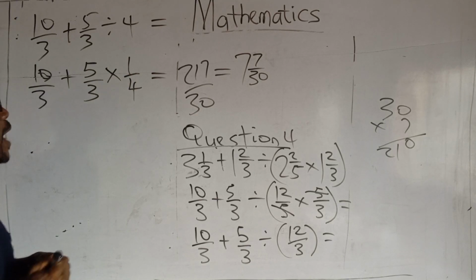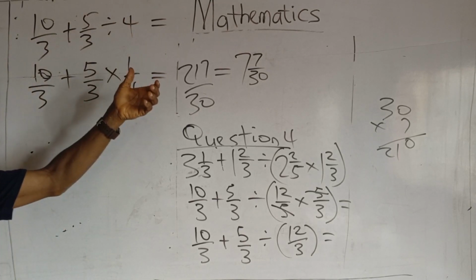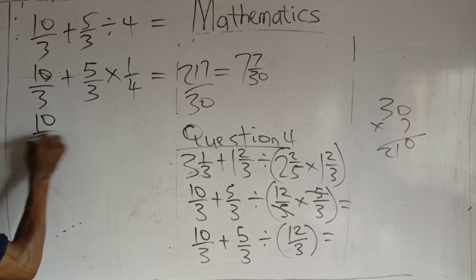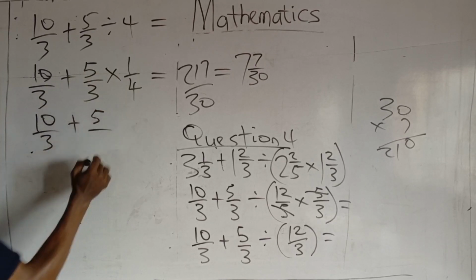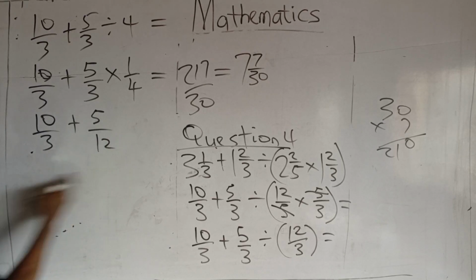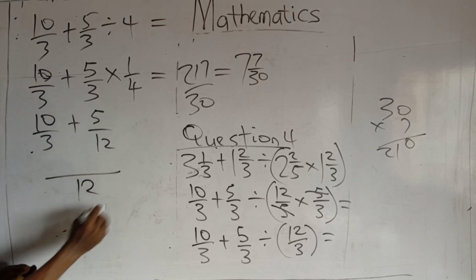We say whenever we are changing the division sign, we invert the value that follows. 1 all over 4. So what we have now becomes what? 10 over 3 plus 5 times 1 is what? 5. And 3 times 4 gives us what? 12. So now we are going to look for the LCM. The LCM of 3 and 12 is 12.